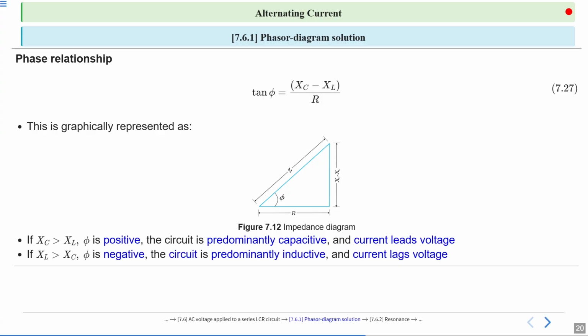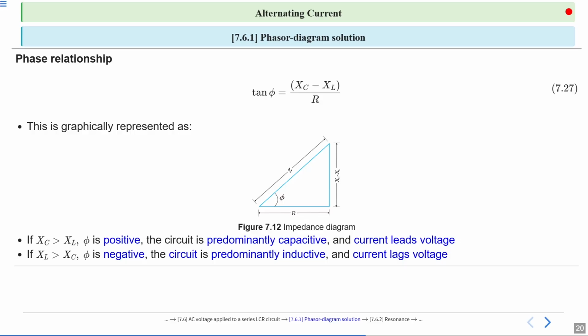But if XL is greater than XC, then phi will be negative, because the term XC minus XL becomes negative. This perpendicular goes in the downward direction and phi becomes negative. Then we can say the circuit is predominantly inductive and current lags the voltage.